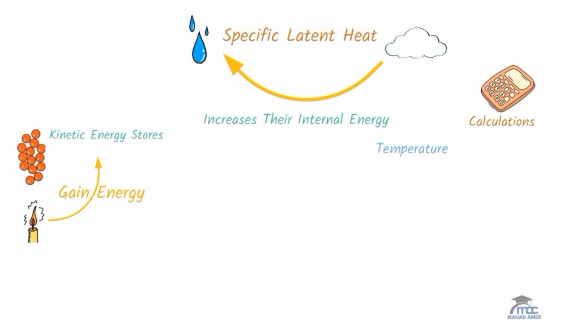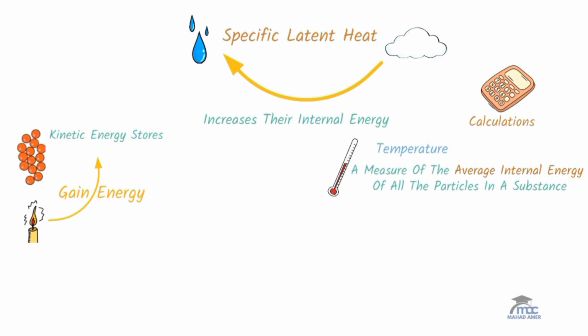We also saw that the temperature is just a measure of the average internal energy of all the particles in a substance. So as we heat objects and the internal energy of their particles increases, the object's temperature rises as well.